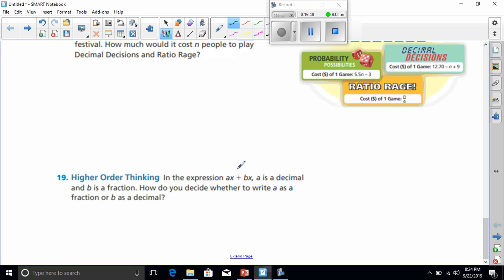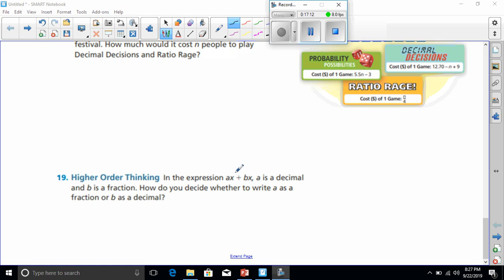Tricky. All right, so I know in this one, a is going to be a decimal, okay? And b is going to be a fraction.